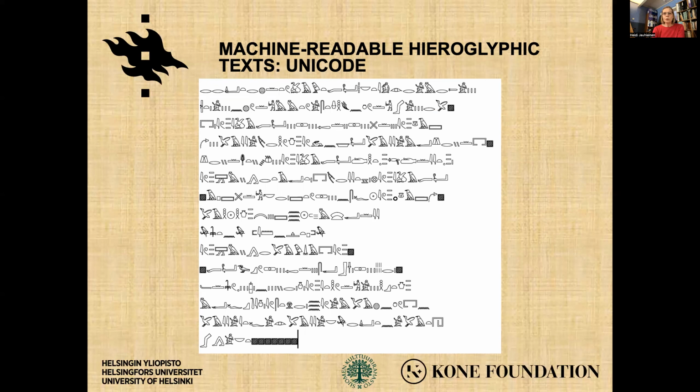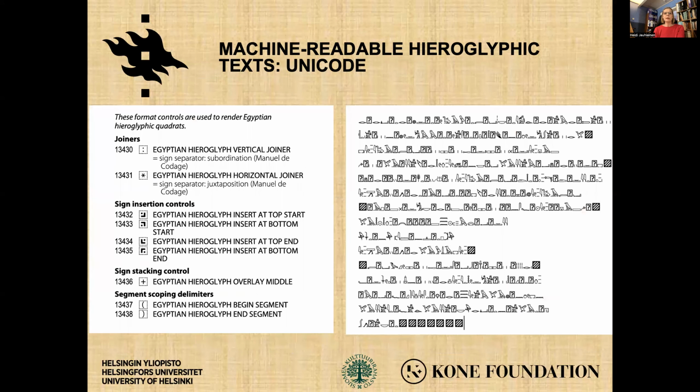With the Unicode, there was no way of positioning the signs properly. In 2019, the so-called format control characters were introduced in Unicode version 12, and now it is, in principle at least, possible to position the signs.